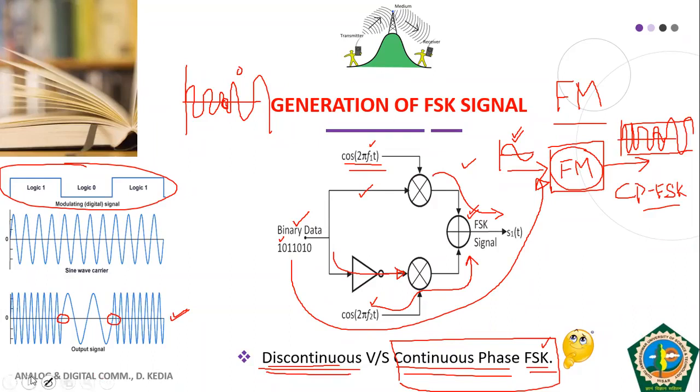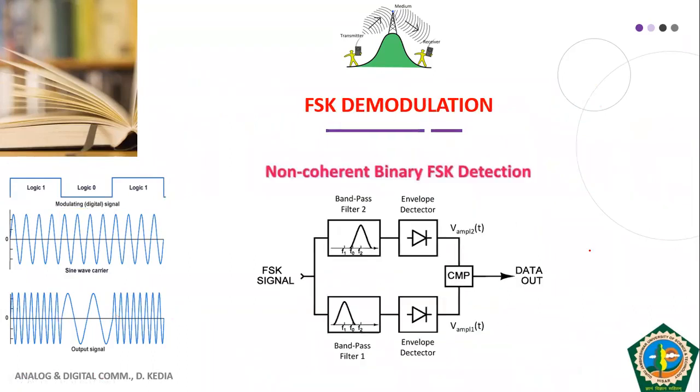Next. So again, the same kind of thing as we discussed in ASK, non-coherent and coherent ASK detection. We have in FSK also non-coherent and coherent FSK detection. As I told you, in non-coherent, we do not have any locally generated carrier, so we get the FSK signal directly.